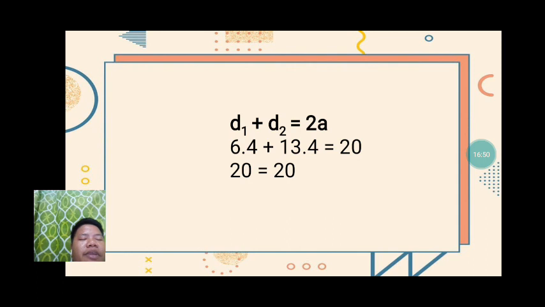So, just simply directly substitute the answers of d sub 1 and d sub 2, which are the 6.4 of d sub 1 plus 13.6 of d sub 2 is equal to 20. So, just simply add 6.4 plus 13.6, it equals 20. Therefore, 6.4 plus 13.6 is equal to 20, and copy 20.